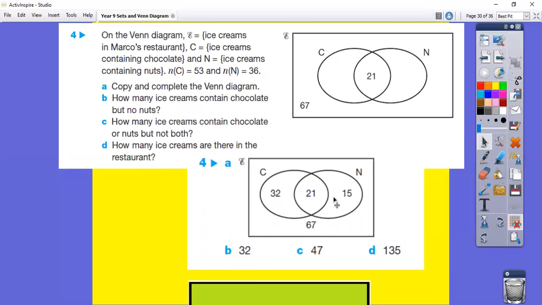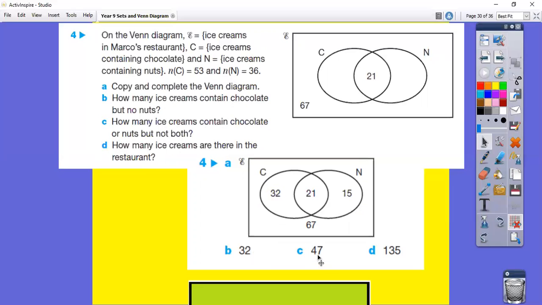So if you wonder, where did these numbers come from? We know there's 67 altogether. So 21 is common to both. From there, we can say that all of these need to add up to 67, so by using a bit of working out, we can get those solutions. And then how many ice creams contain chocolate or nuts but not both?